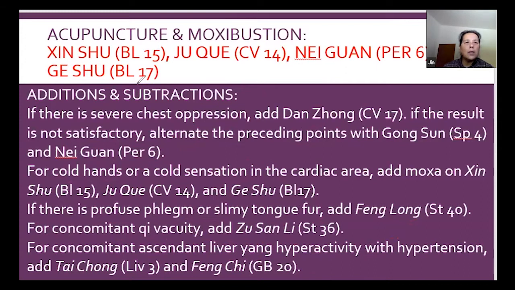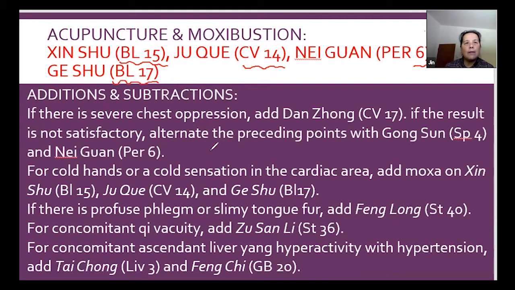And we also can use acupuncture treatment. Back shu of the heart and front mu of the heart. And also pericardium 6 with Ren 17, to open the chest. And we can also work on the diaphragm, bladder 17.